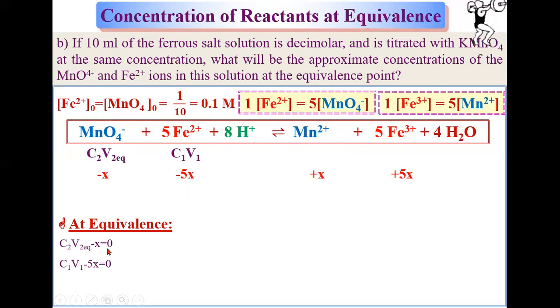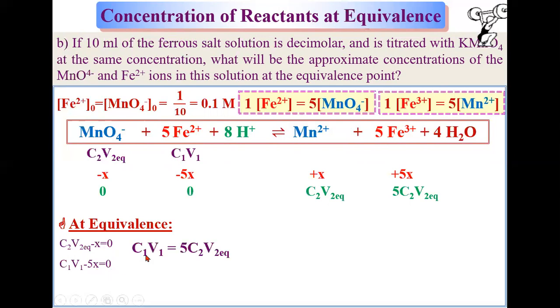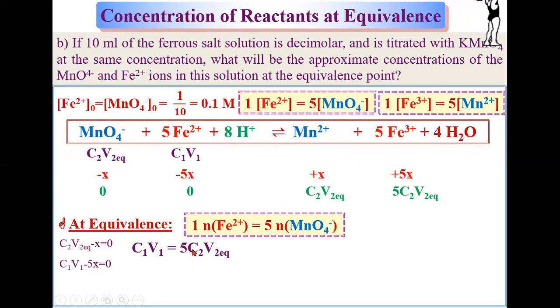And so I could solve for x for both, and we end up getting C1V1 equals 5 C2V2, which of course is the same expression that we would get at the equivalence point, since the number of moles of iron 2+ is 5 times the number of moles of reacted MnO4-. And therefore, if you solve for this, you get C1V1 equals 5 times C2V2 at equivalence.